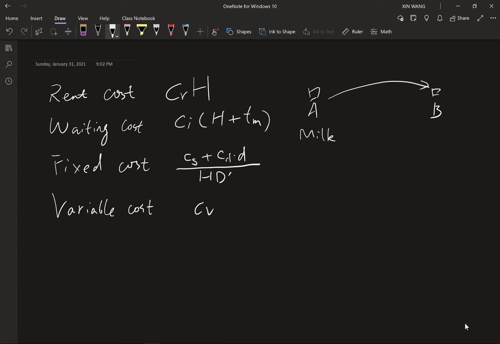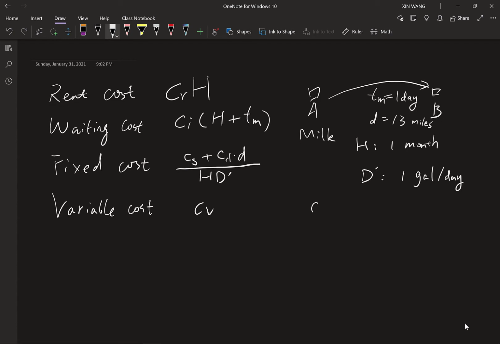First, we know that the headway between each shipment is 1 month, and then the transportation time from A to B, let's say, is 1 day. Okay, and then the distance, let's say, is 13 miles. And then we know that the demand rate is 1 gallon per day.